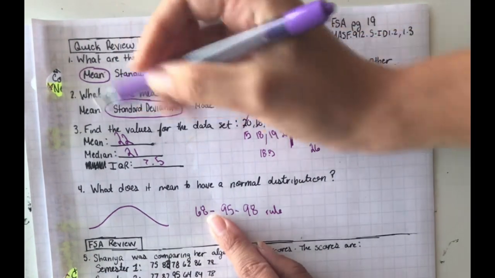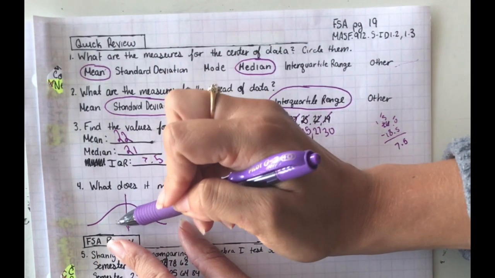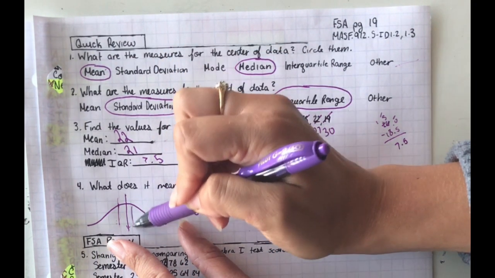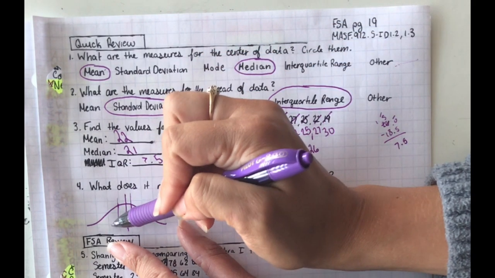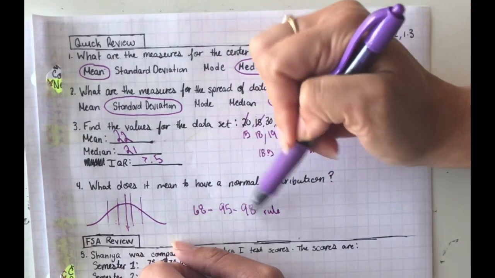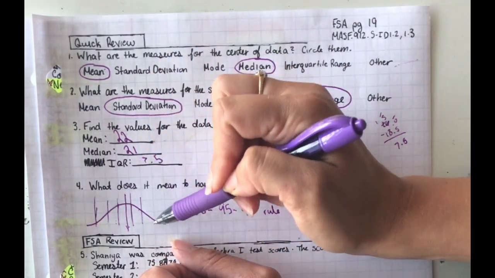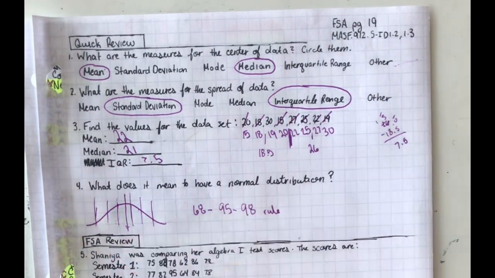Which means that 68% of the data falls within one standard deviation, so right about here, and then 95% of the data falls between 2 standard deviations, so out to here, and 98% of the data falls between 3 standard deviations, so all the way out to here.